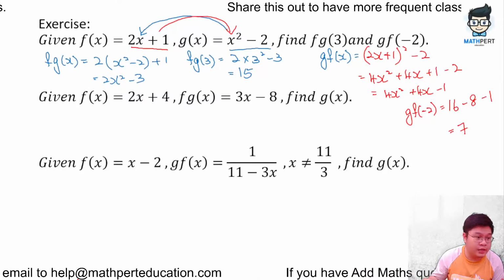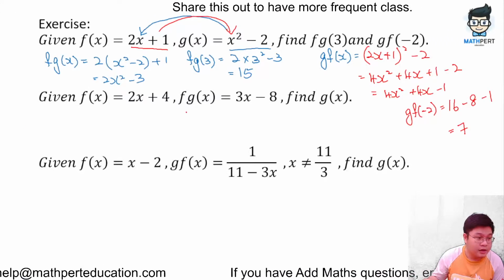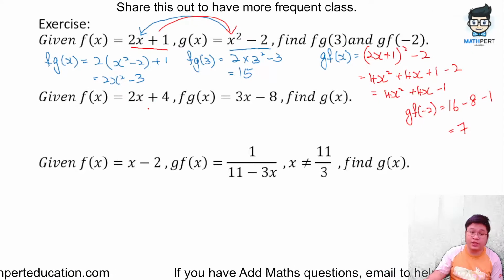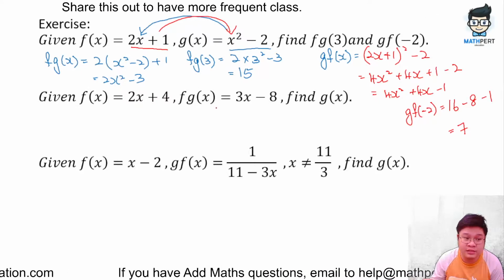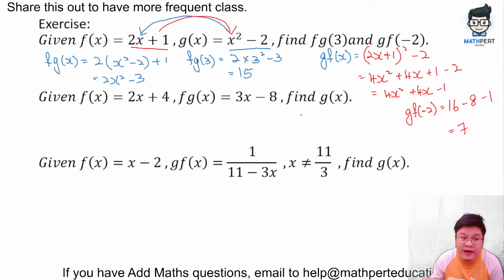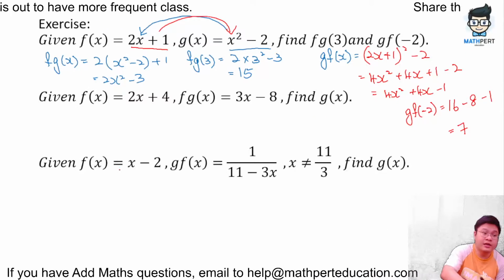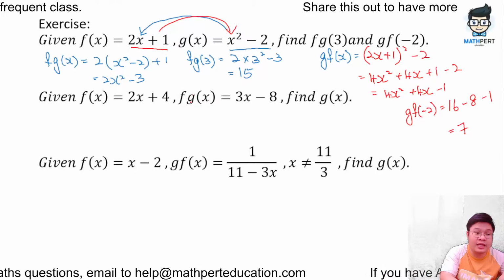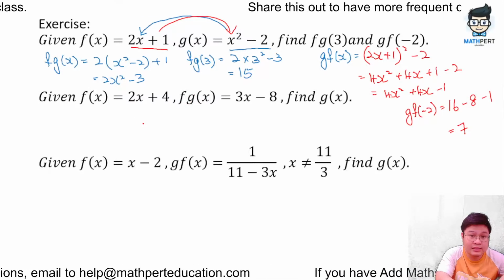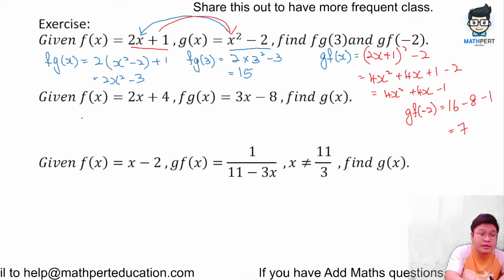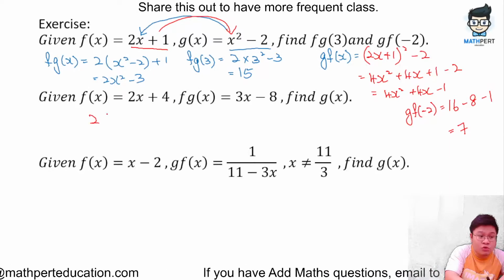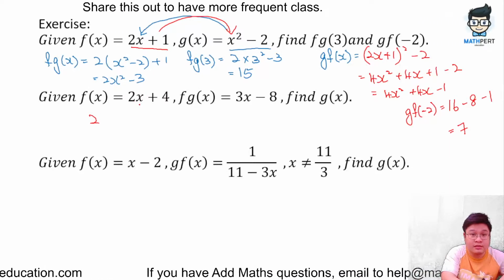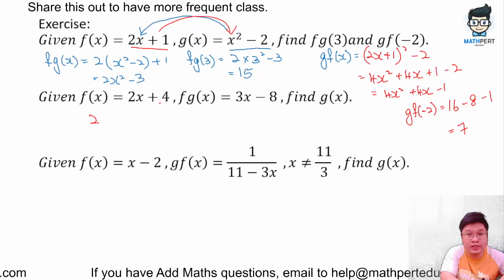Next would be this. Given that f(x) is equal to this, and fg(x) is equal to this, find g(x). Alright? So, we are substituting g(x) into x. Meaning f(x) is 2x plus 4, isn't it?